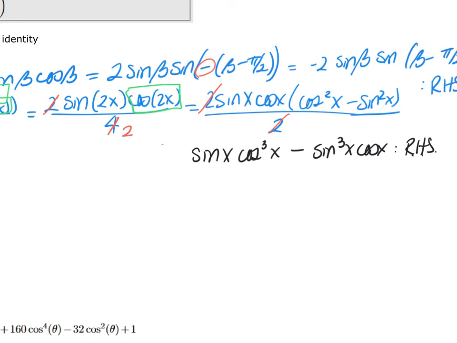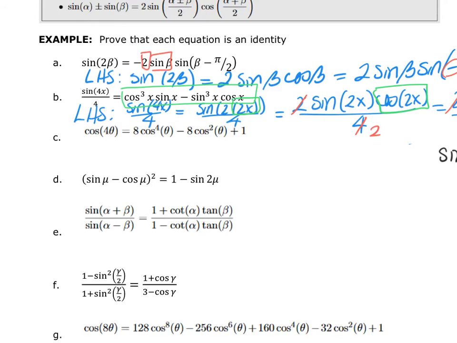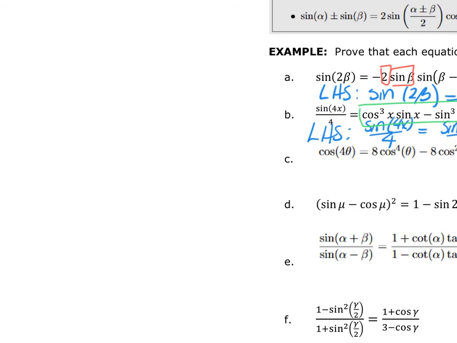Yes? How can you treat that 4x to where you treat the 2x as theta in one part of the problem, and then you use that same double angle, whatever you call it. Okay. So the question is, how am I able to take sine 4x and treat it like the double angle?